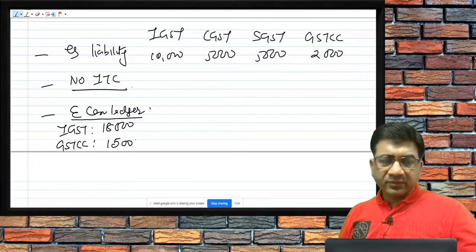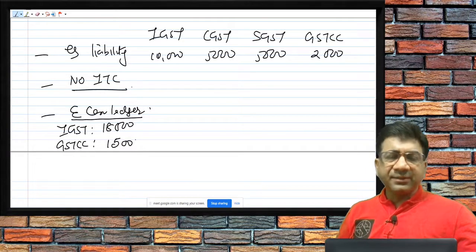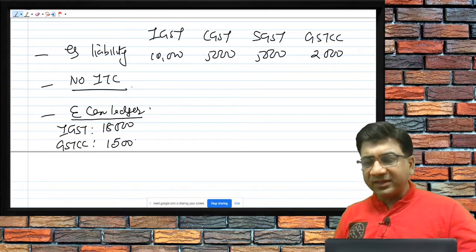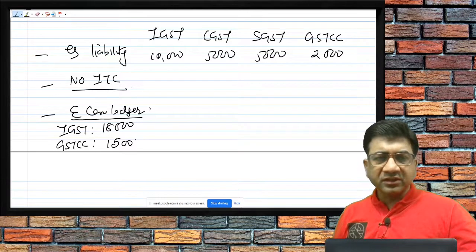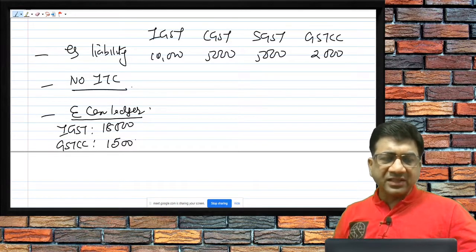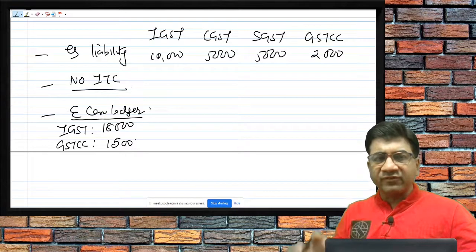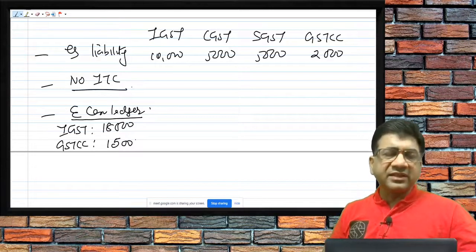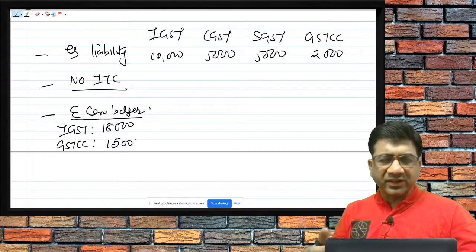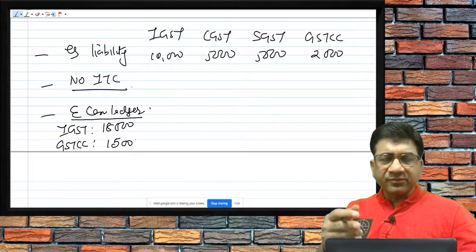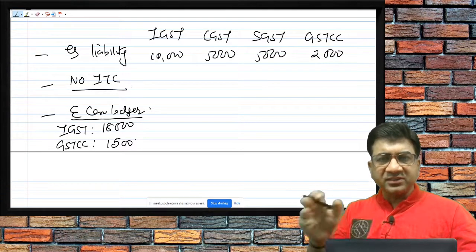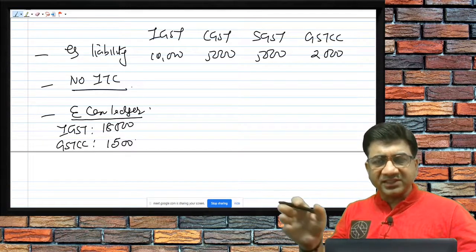Sir, at the time of deposit of cash online, we defined that towards IGST it is 18,000, towards GST compensation cess it is 1,500. But I deposited more. I did a wrong calculation. Optimally, when I was submitting money in the cash ledger online, I should have transferred 10,000 to IGST, 5,000 to CGST, 5,000 to SGST and 2,000 to GST compensation cess.